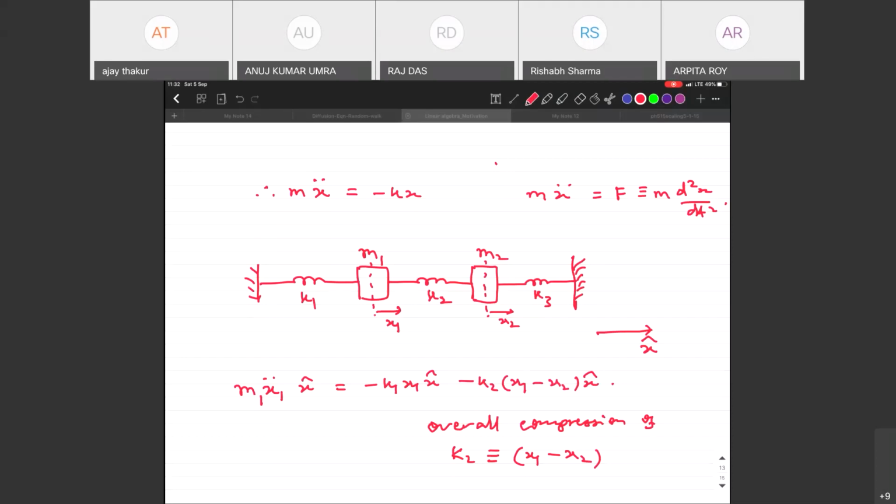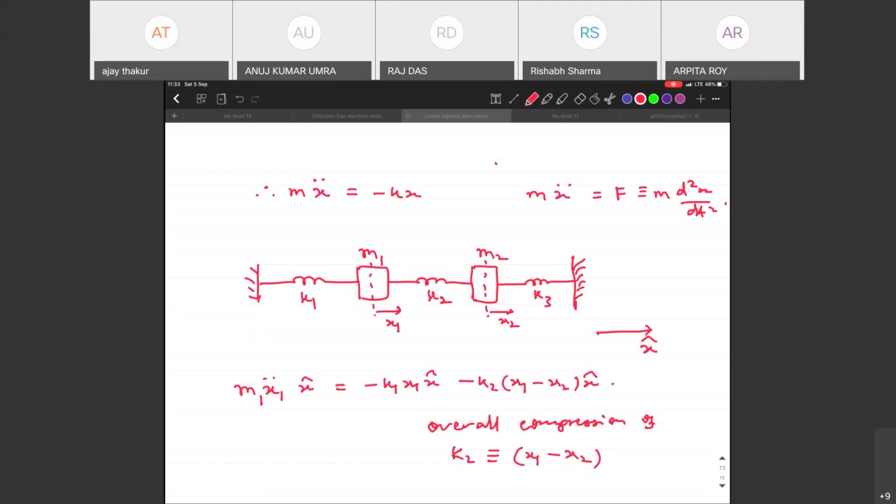Right. Similarly, we can set up the second equation. In that case, it would be m2 x2 double dot x cap, which is in the forward direction, and then K3 would be compressed. So it will have a restoring force which is minus K3 x2 x cap.